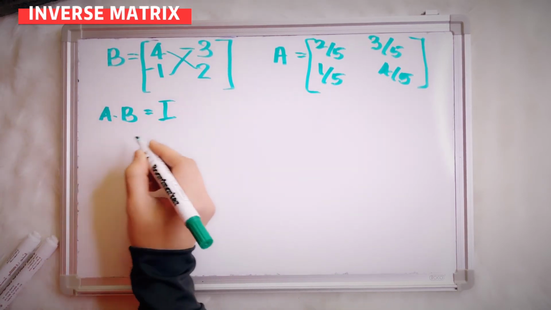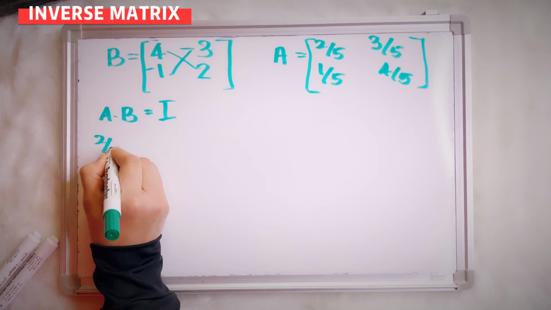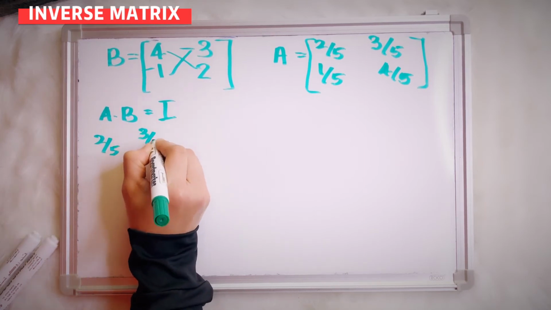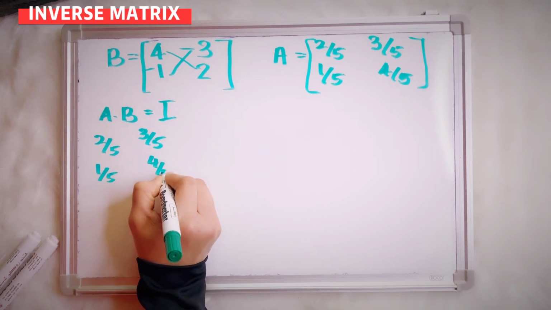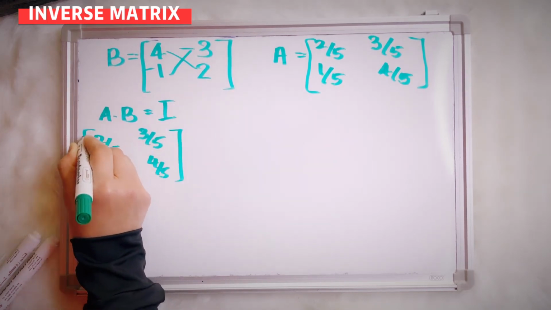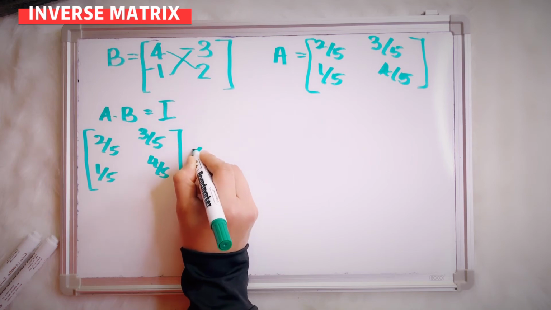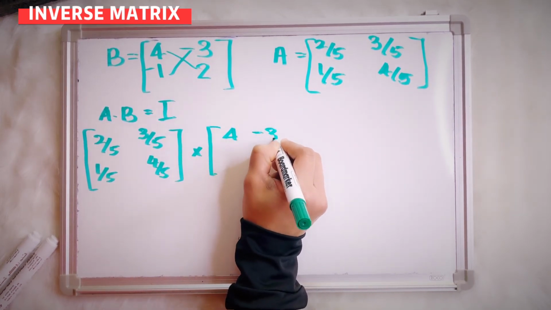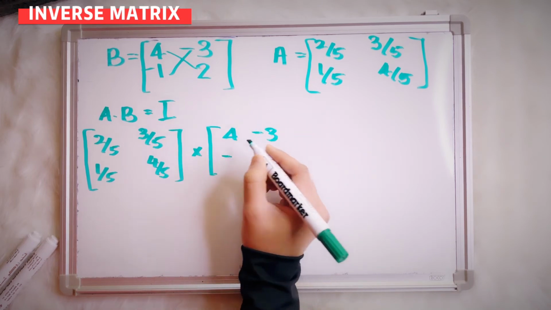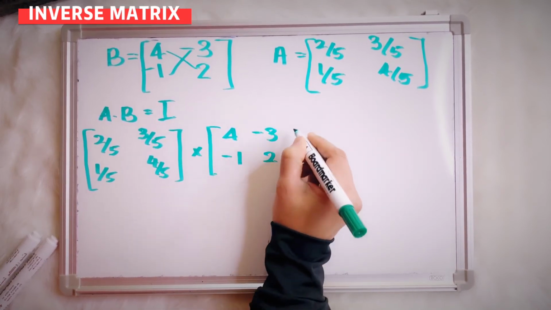Alright, now A is 2 over 5, 3 over 5, 1 over 5, and 4 over 5. So this is matrix A. You multiply with matrix B, 4, negative 3, negative 1, and 2.